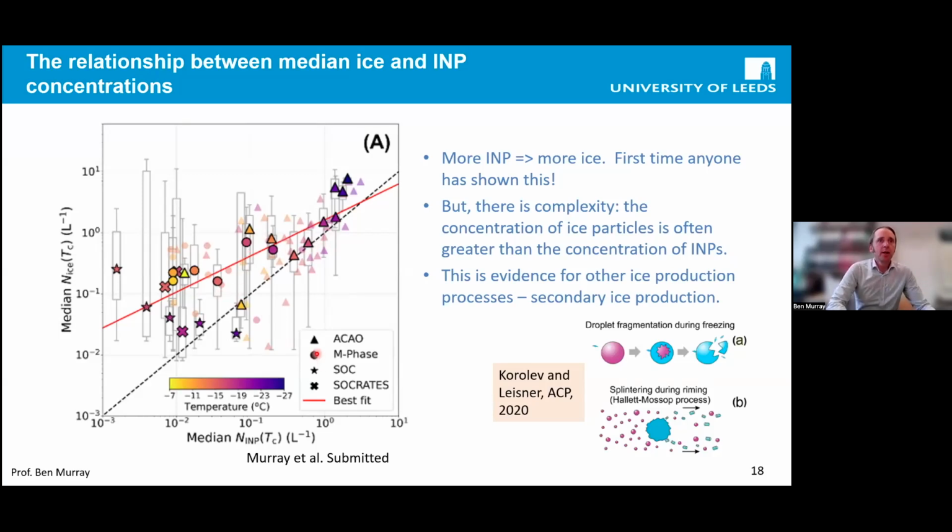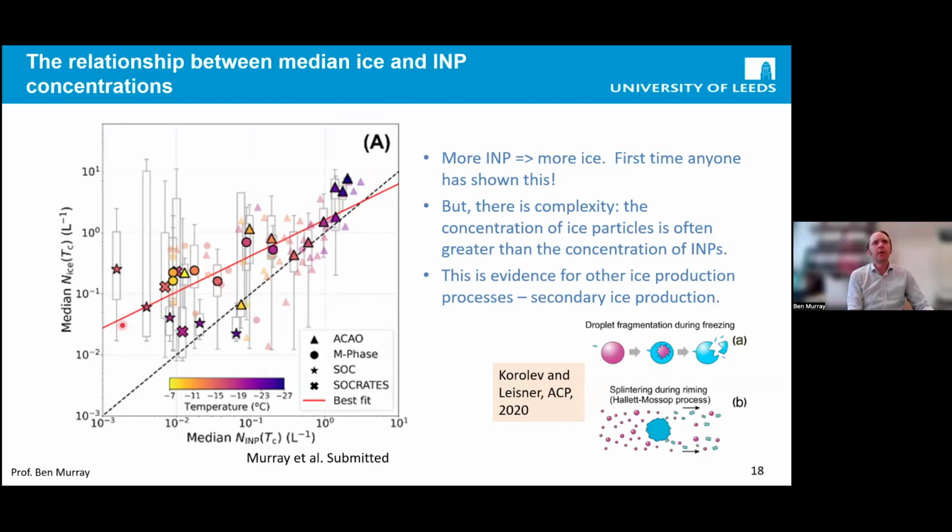ACAO is triangles, M phase is circles. And now you see that, even though in M phase we think there was quite a lot of secondary production taking place, there's still a relationship between the ice nucleating particle concentration and the total ice concentration.